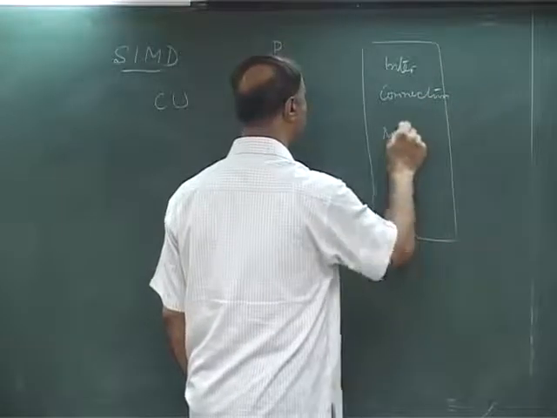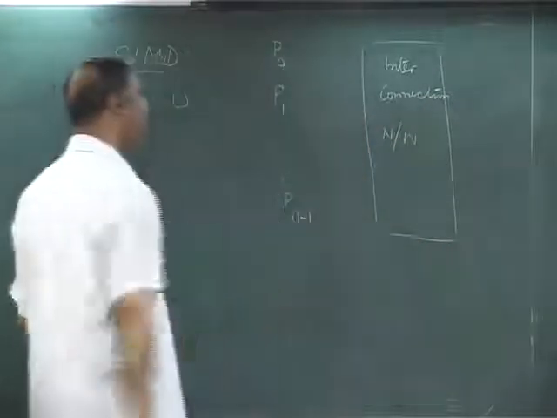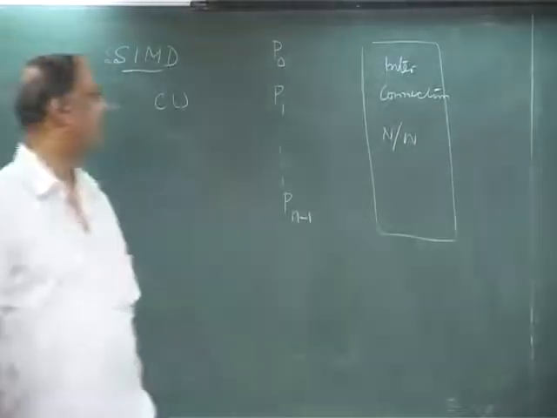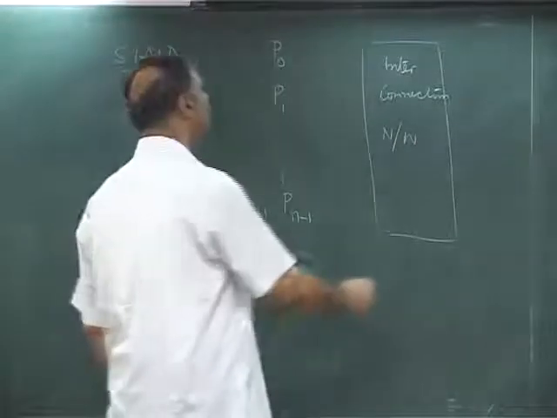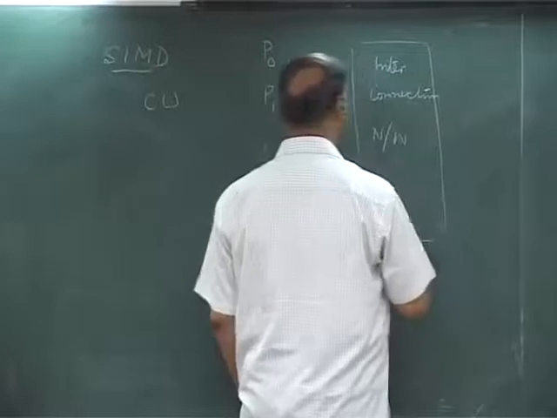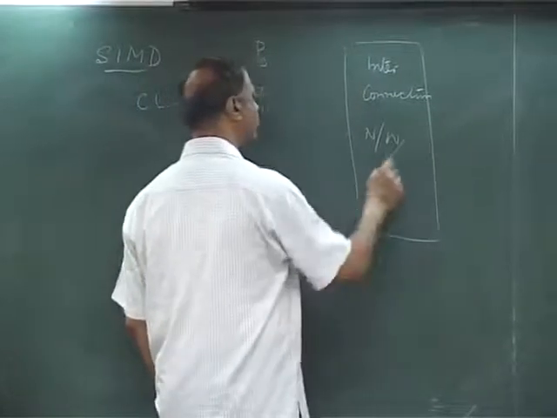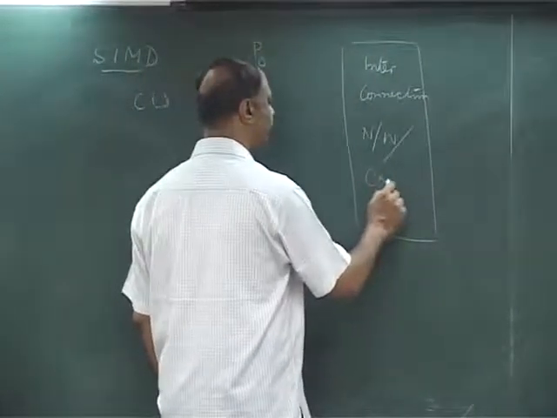The processors can communicate among themselves through the interconnection network, or a processor can read the data through common memory.